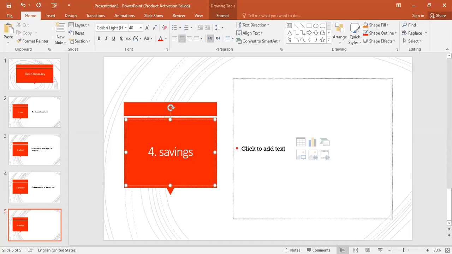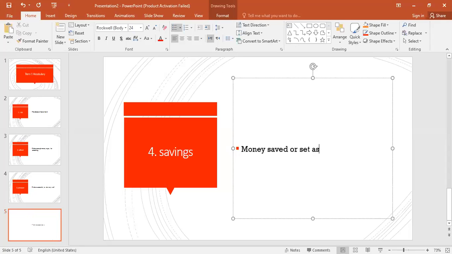Each family promises to save a bit of money so that one family can borrow all the savings to buy something important. What are savings, Salim? Savings is money saved or set aside. Excellent. Money saved or set aside for the future. Because we don't know when we might need this money.